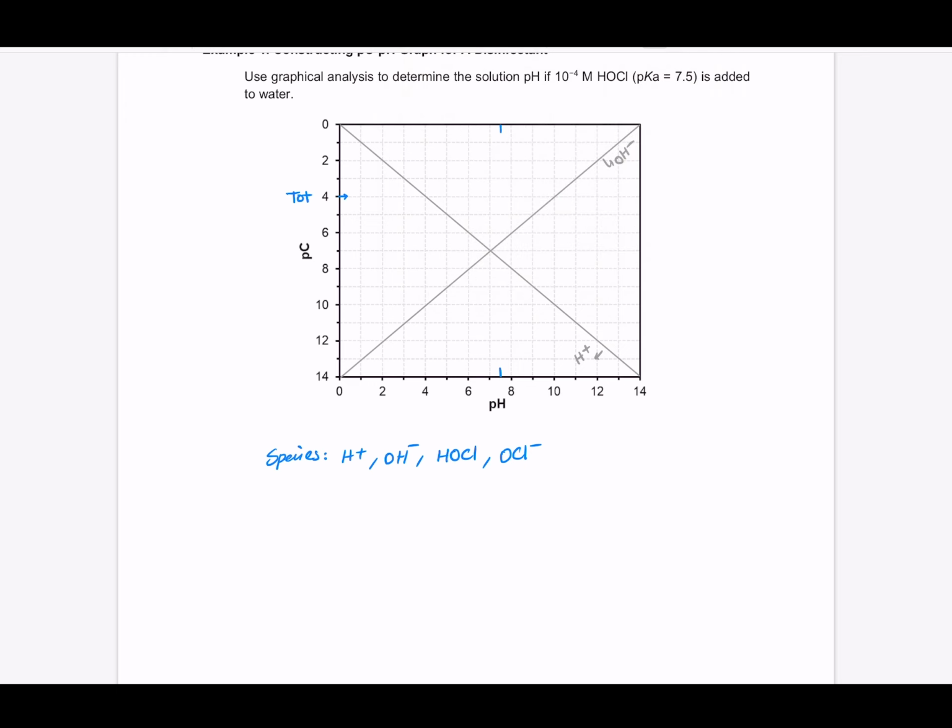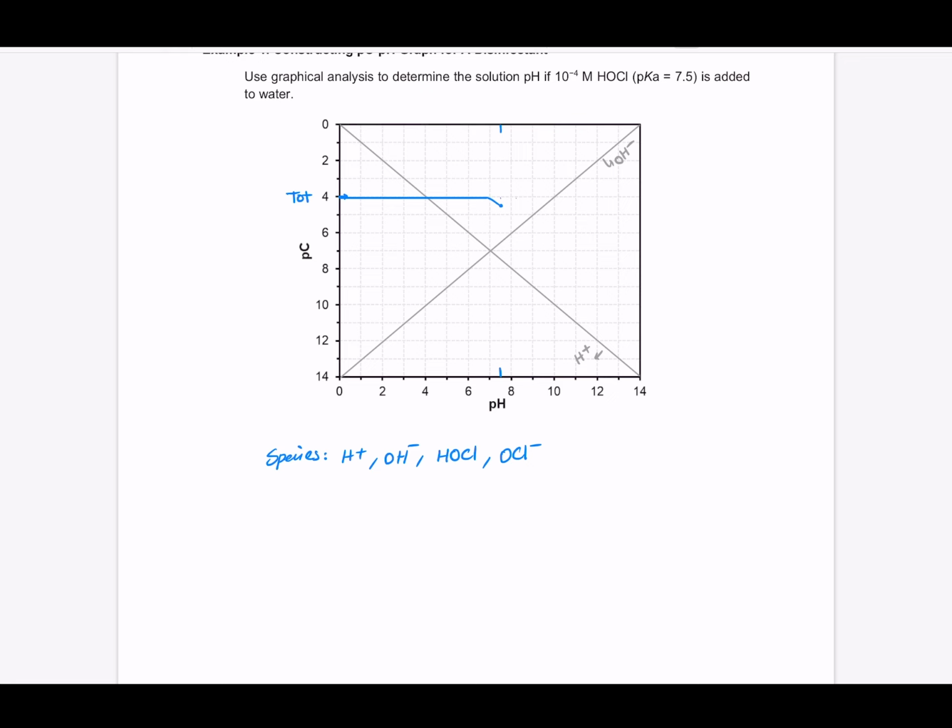Then we can focus on HOCl, the protonated version. We know that at this 7.5 and the total, we just need to, so this is 7.5 and the total, come down 0.3. This would be somewhere like here. And then to the left, we have HOCl.